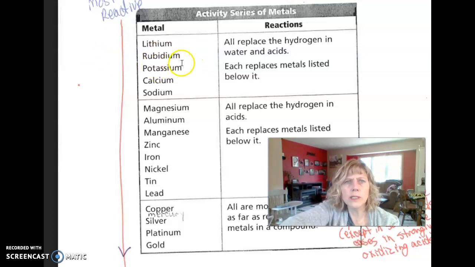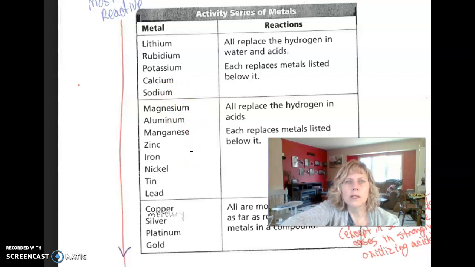Anyway, these are really, really reactive. So if you put sodium into magnesium chloride, because sodium is more reactive, it would bump that magnesium off of that magnesium chloride, and it would become sodium chloride. That's what it's saying.